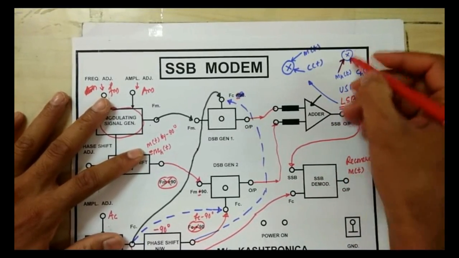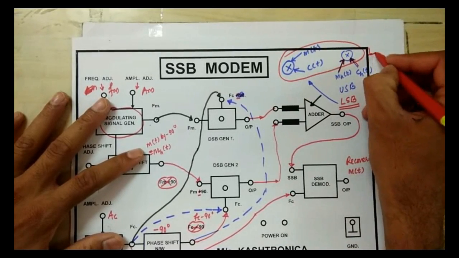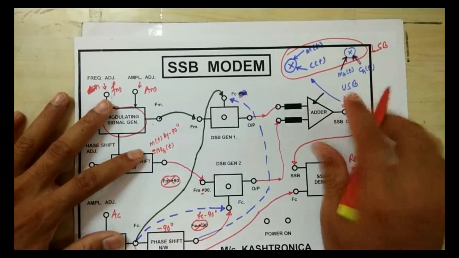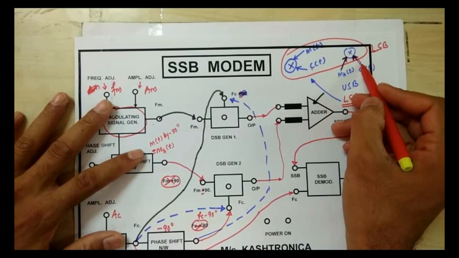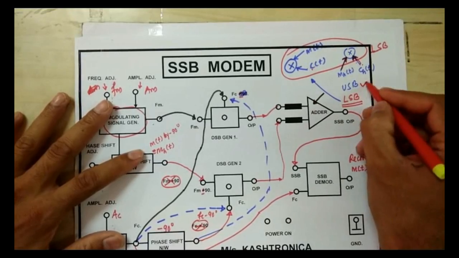This is going to generate LSB. If you interchange these carrier and shifted carrier connections, you will get USB.